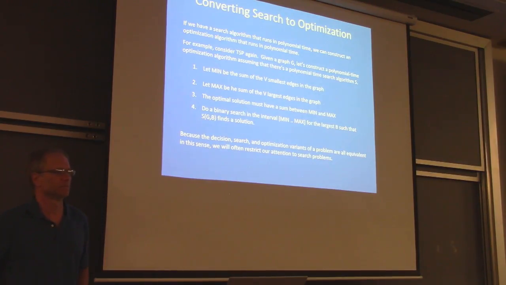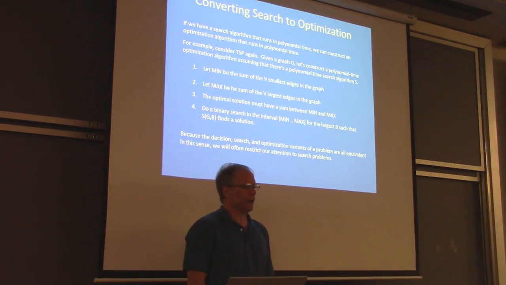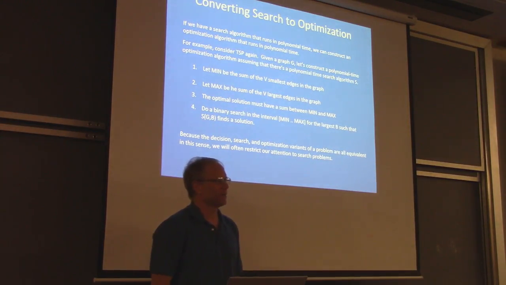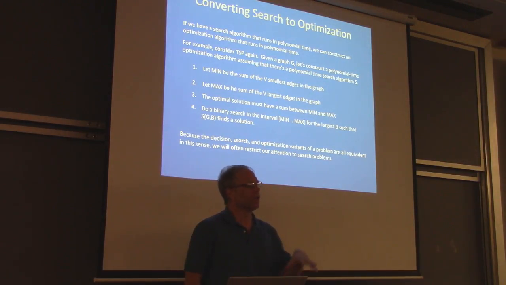Would it be possible to do a search without a weight and then use whatever that is as the max? You mean find a Hamiltonian cycle? Yes, but we don't know that. You're postulating there is a way to find a Hamiltonian cycle that's efficient.